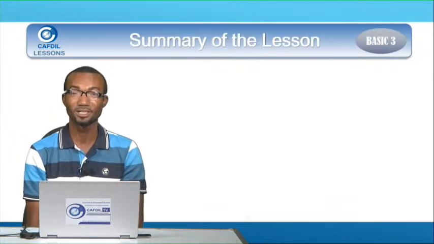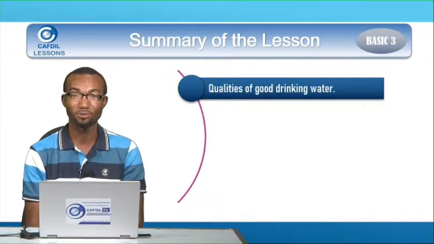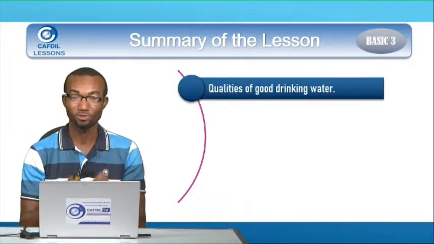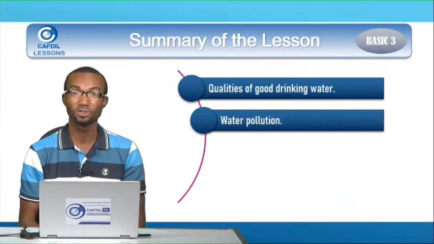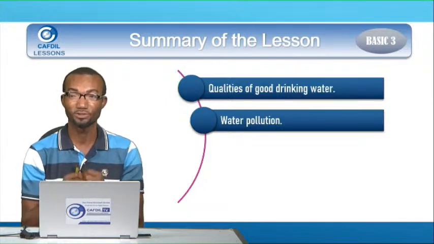Okay, we have gradually come to the end of the lesson. Today we looked at qualities of good drinking water: it must be colorless, it must be free from particles, and it must also contain nutrients like calcium for strong bones. We also looked at water pollution, anything that makes water impure and unsafe for drinking.